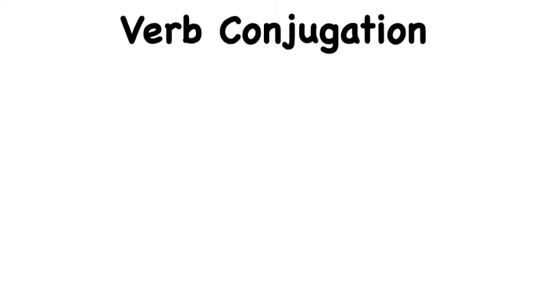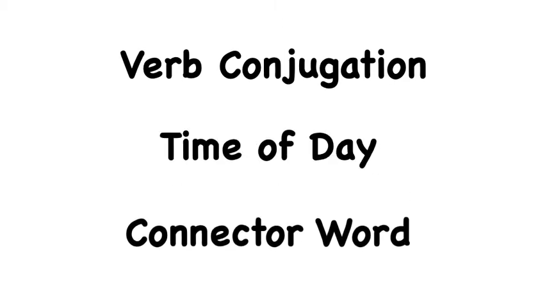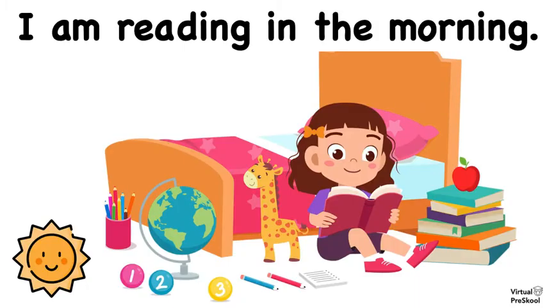So we're going to be combining 3 things: verb conjugation, time of day, and our connector word, okay? And remember, we're going to be using our verb to read, which is padna. And you've already learned in class how to conjugate in present continuous.